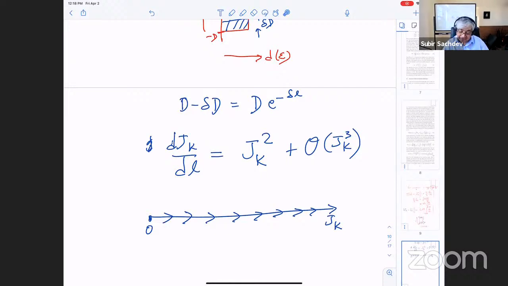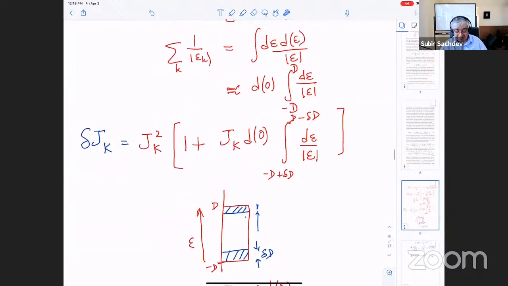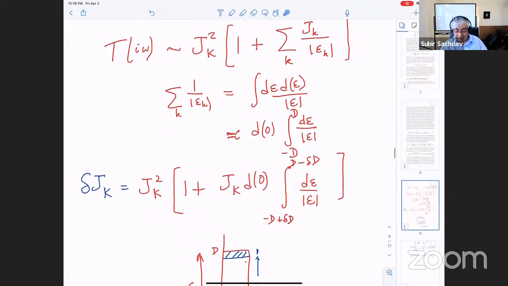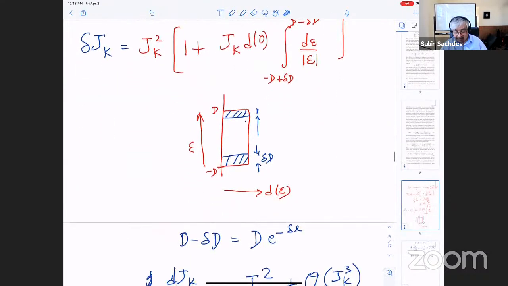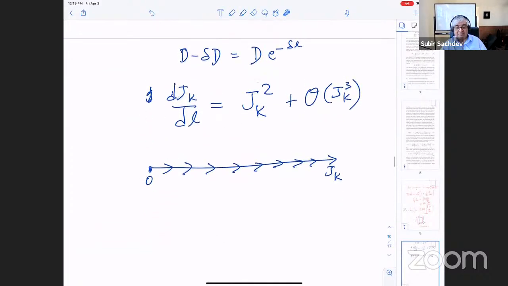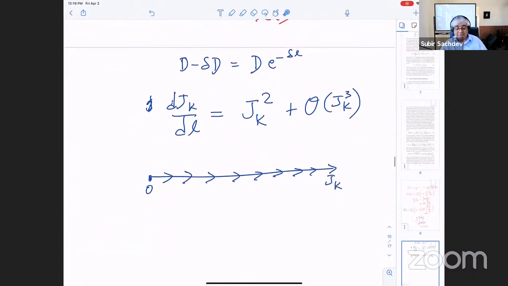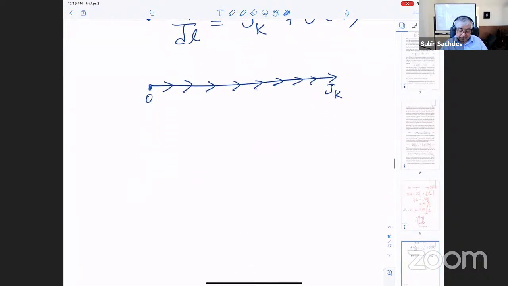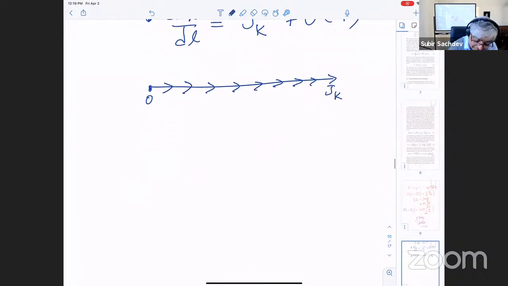Okay, so I'm just summarizing some basic facts. That was rather quick, but just to give you the flavor of what the RG is and what its implications are for the Kondo model. The bottom line implication is that J_K flows to infinity. Okay, any questions?